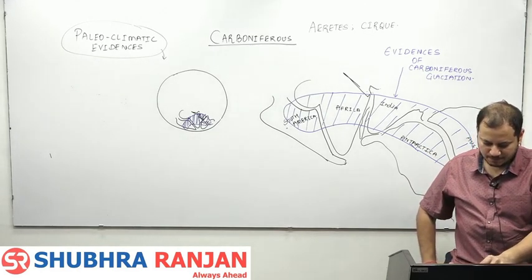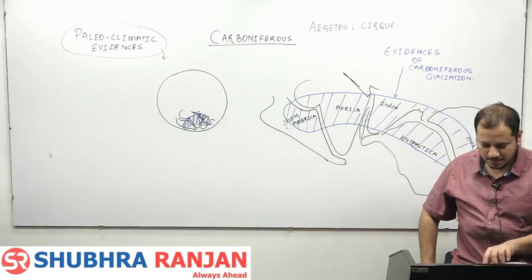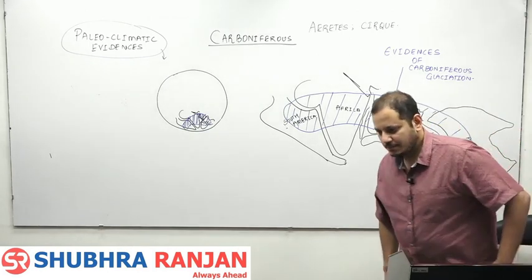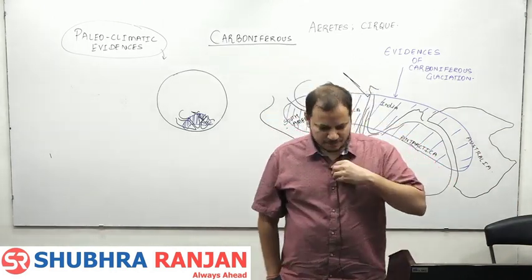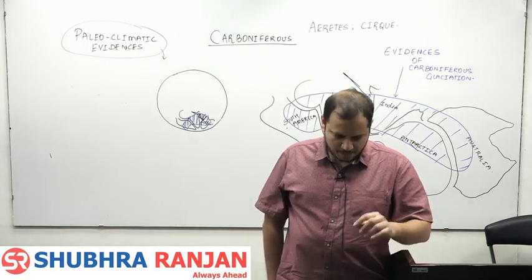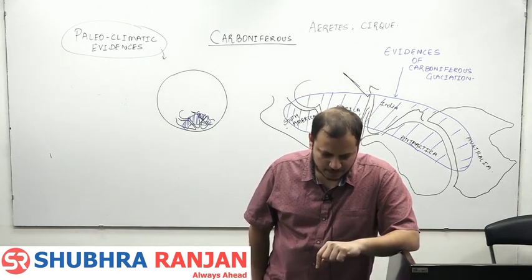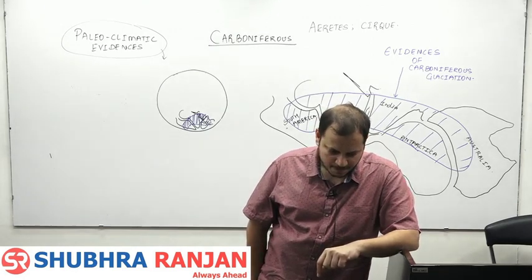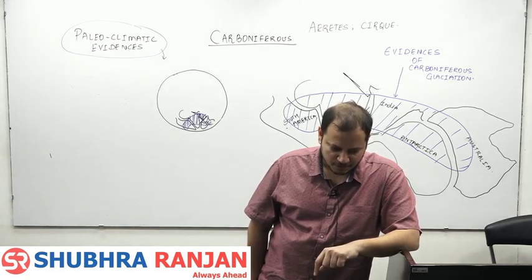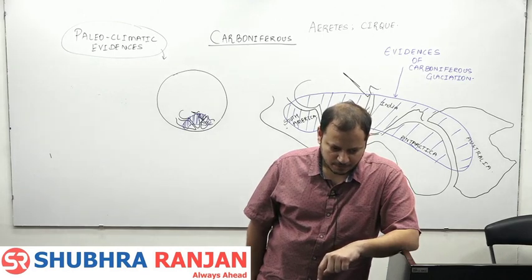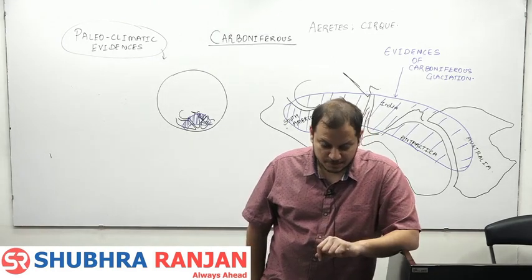Which means that the present Eurasia once crossed the equator, or was present between 5 to 35 degrees north, during the Carboniferous period.